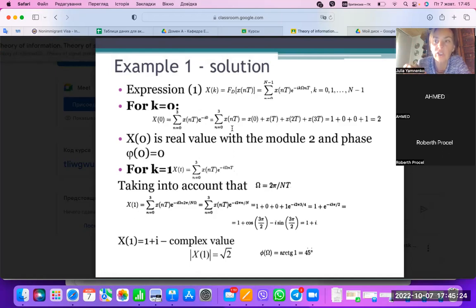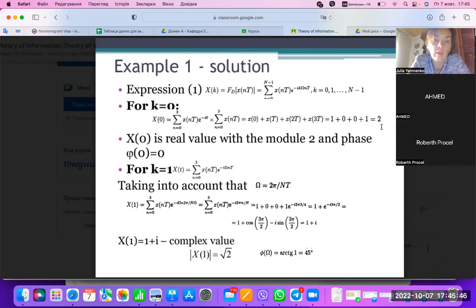And as a result, our first component of the spectrum will be just a sum of the components of the original function. So we just have to add all the values of the original function in order to obtain the first component of the spectrum, 1 plus 0 plus 0 plus 1. So totally it's 2. And you see that it is not a complex value, it's a real number.